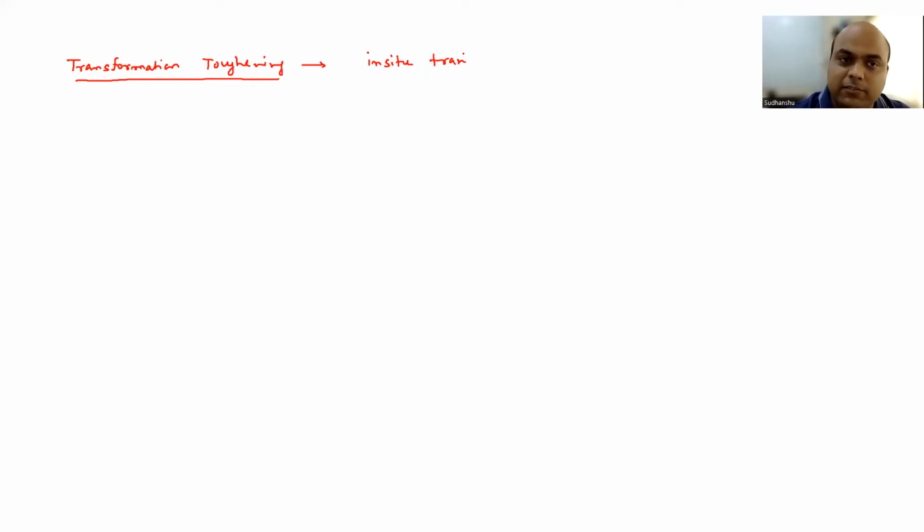There you will understand what is transformation toughening. So in situ transformation leads to compressive stress in the crack wake.